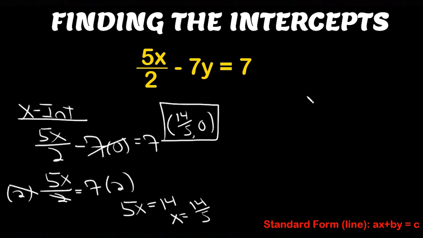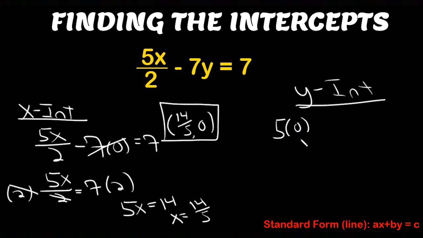Okay, let's do the y-intercept now. This one's a little bit easier. No fraction. Because what's going to end up happening, the fraction is going to cancel out, right? But again, we'll write it here anyways. 5 times 0, again, plugging a 0 into my x, minus 7y equal to 7. So again, this whole part is going to drop out here, right? It's 0 divided by 2, just cancels out, right?